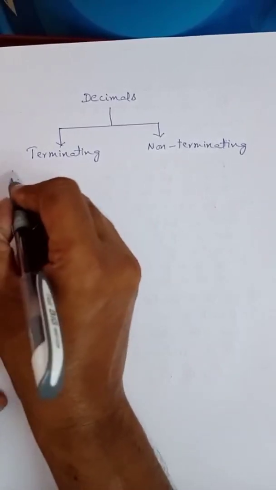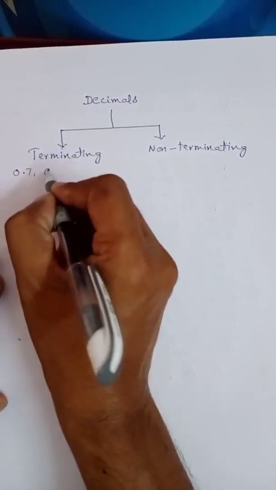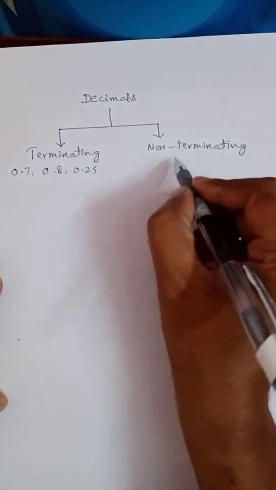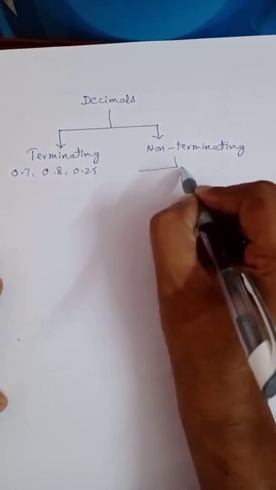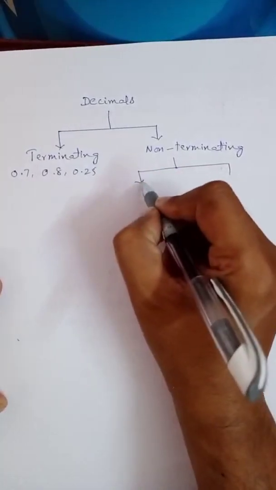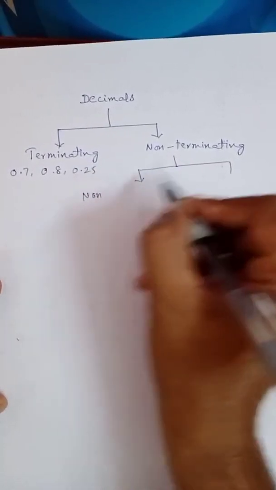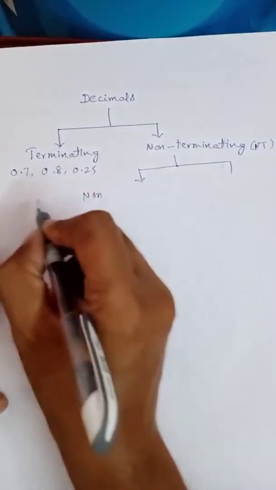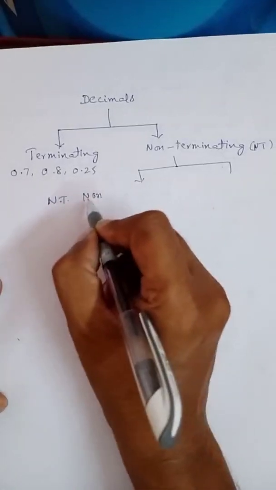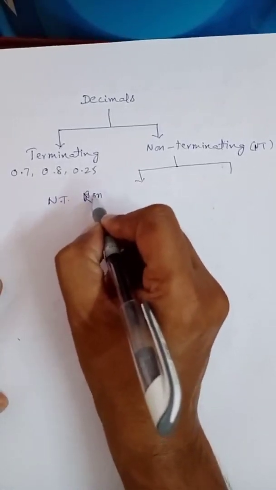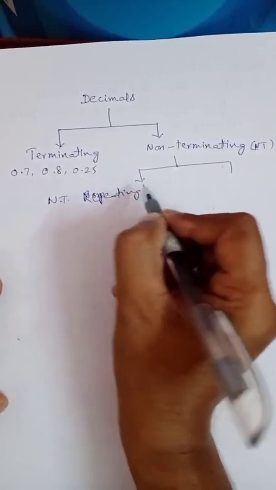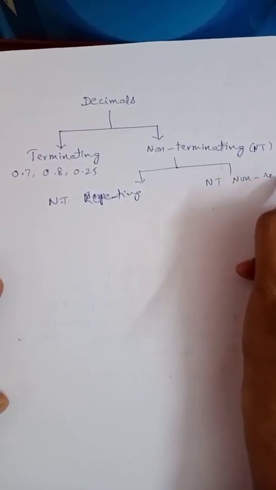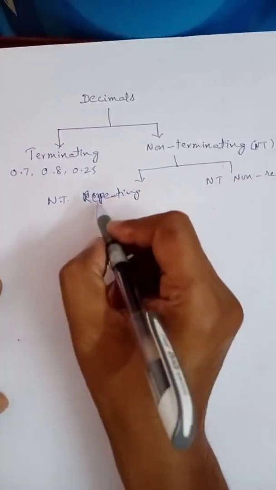Terminating decimals are like this: 0.7, 0.8, 0.25, etc. Under the non-terminating variety, there are again two types: non-terminating repeating type, and non-terminating non-repeating or non-recurring type.